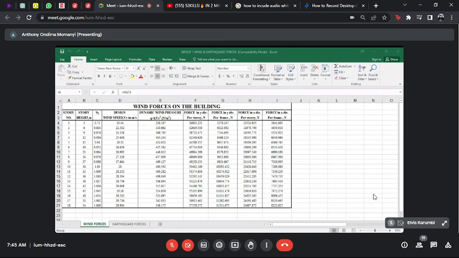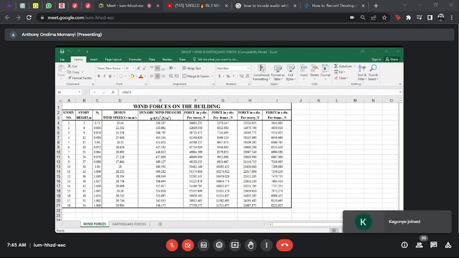So I encourage those who might be amongst us who are not very well versed with Excel. Excel is a really good software. It's easy to learn. It's very powerful, though very basic also.